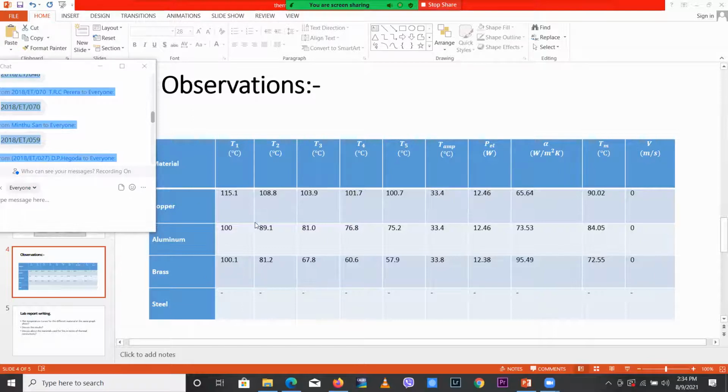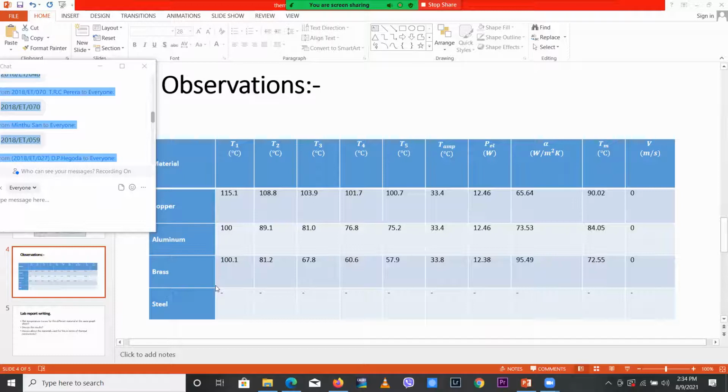You can see brass has a difference of around 43 degrees Celsius from T1 to T5, but copper has only 15 degrees Celsius, because copper has less resistance or high thermal conductivity, but brass has higher resistance and low thermal conductivity, right?